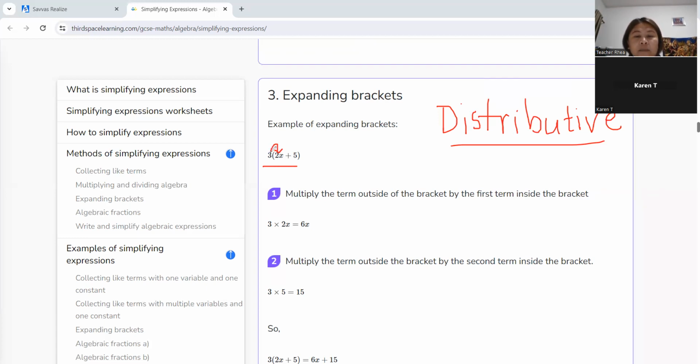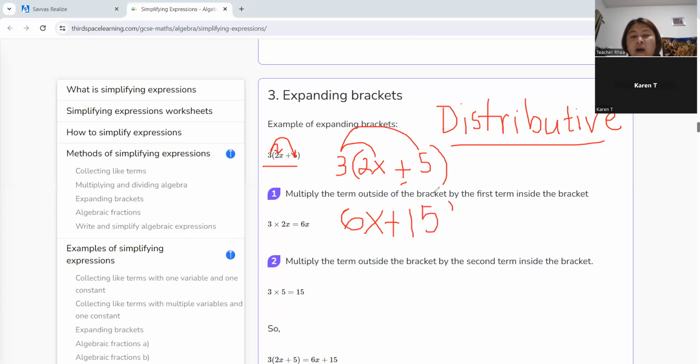Next, multiply the term outside the bracket by the second term inside the bracket. So we have 3 times the parentheses 2x plus 5. Using the distributive property of multiplication, 3 times 2x, we have 6x. Then 3 times positive 5, so 6x plus 15.